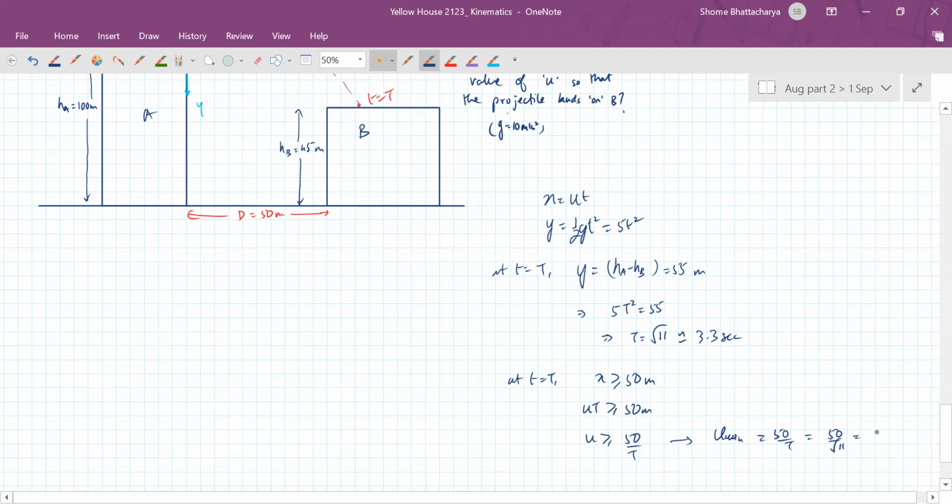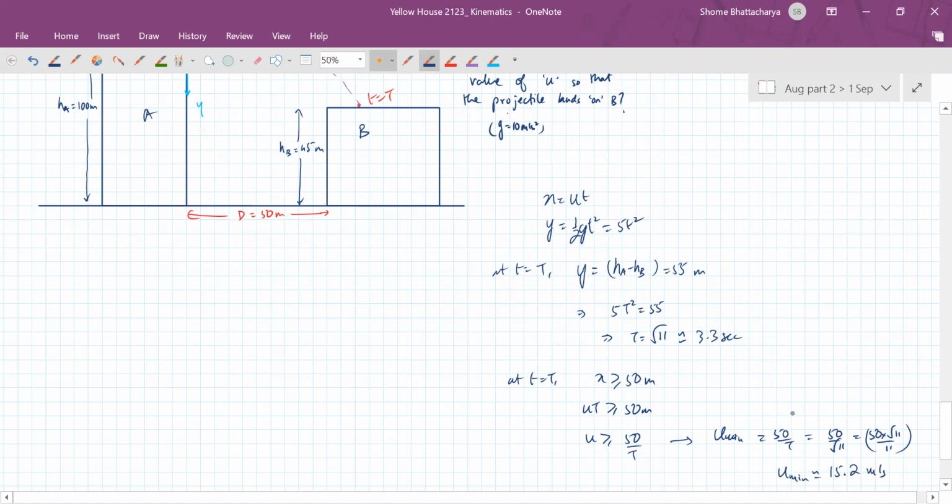You can also write that as 50 into root 11 by 11 and solve it that way. In this case, we'll take the approximate value. It will come close to about 15.2 meters per second.